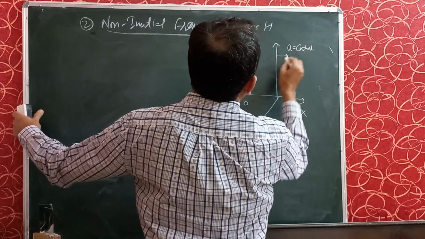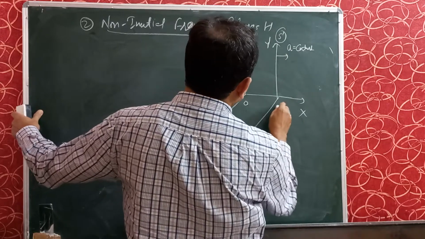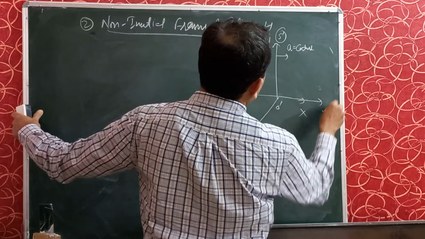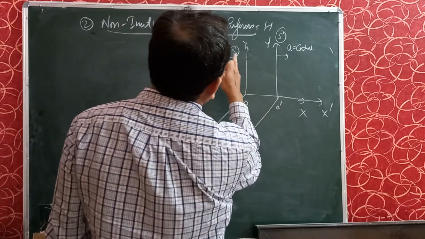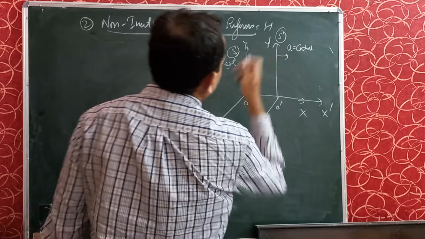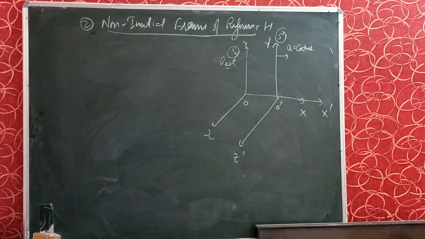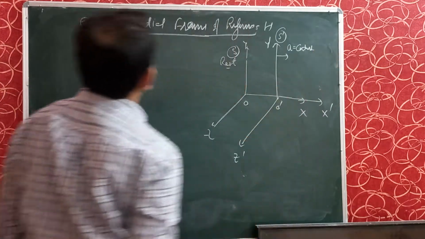This is the S dash frame, with y dash, z dash, O dash, and x dash. The first frame is at rest, but this frame is moving with constant acceleration. Constant acceleration means velocity is variable, so it is not uniform, it is non-uniform. So we will study the motion of the particle in both these frames.